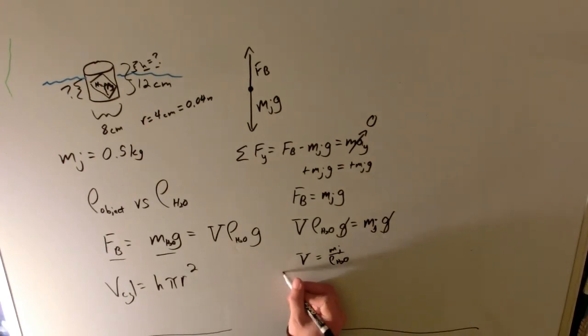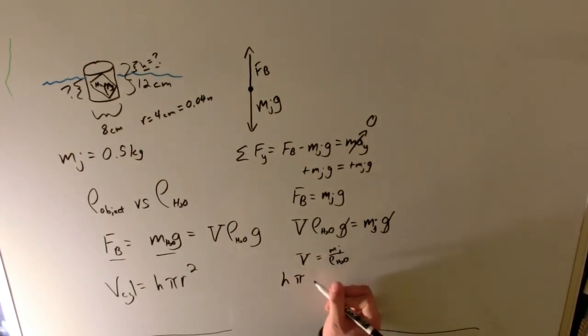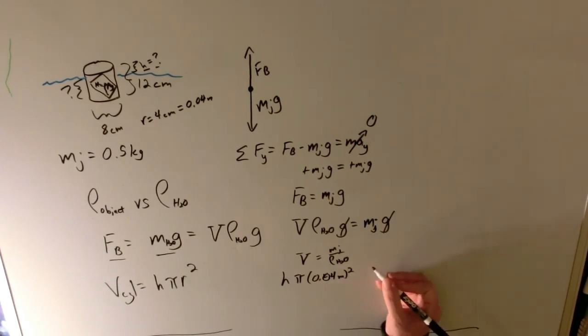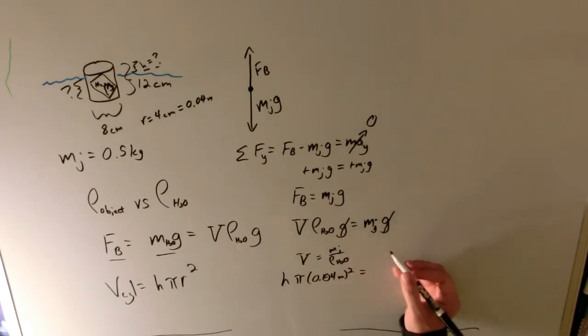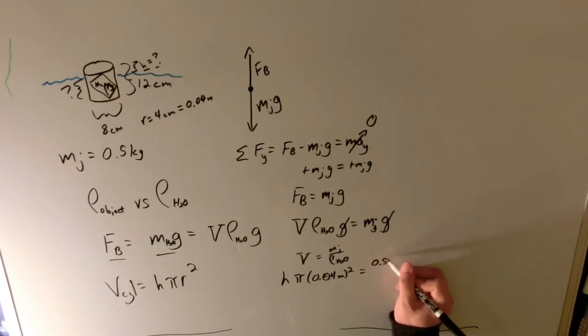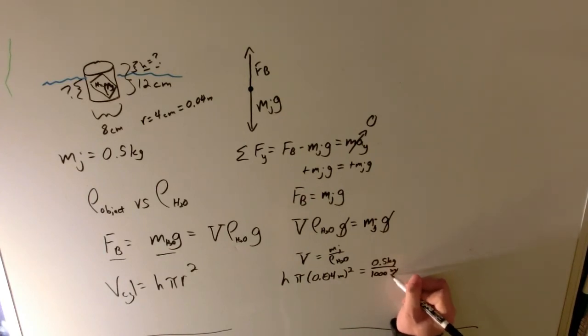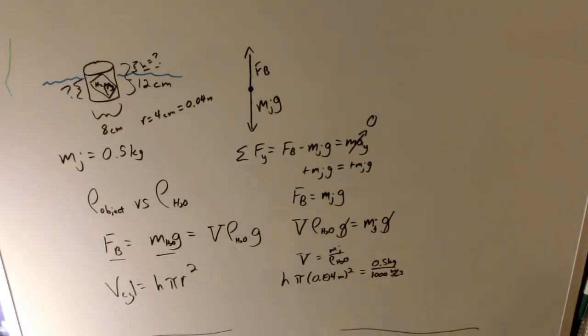Okay, so I'm going to replace that. I've got h times pi r squared, which is going to be h times pi times 0.04 meters, and we'll square that quantity. It'll be equal to mass of the jar, which is 0.5 kilograms, divided by density of water, which is 1,000 kilograms per cubic meter. I know pi, I know 0.04 meters, and I can square that.